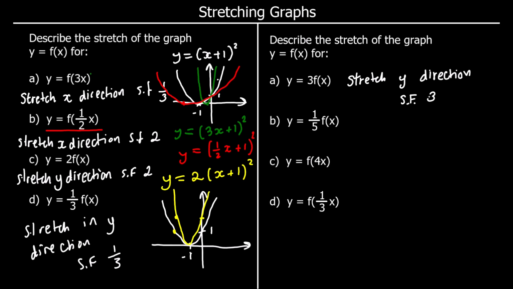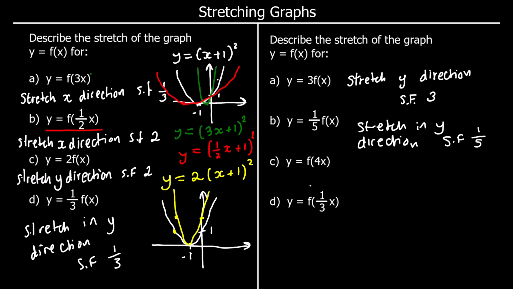The second one, again, outside the bracket, changes the y. It's a stretch in the y direction with a scale factor of 1/5. Each point is 1/5 as high as it was before. You're dividing all the y coordinates by 5, x coordinates stay the same.